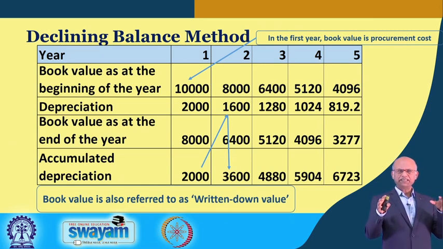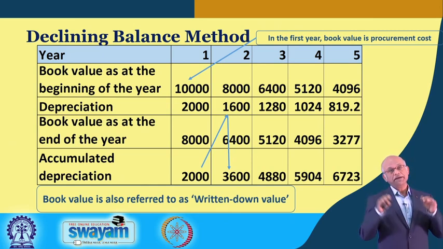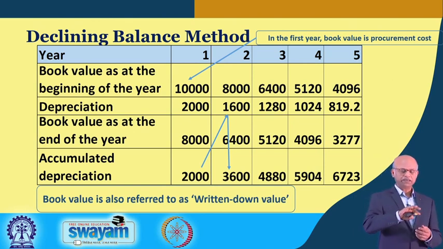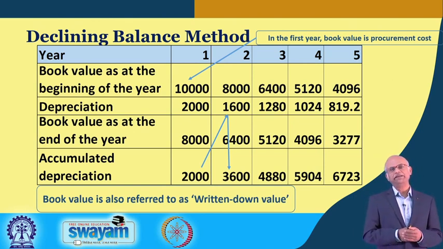So, same case, now it is the declining value method. Here the percentage has to be decided, at what percentage you estimate book value depreciation. So, here I have taken 20%.